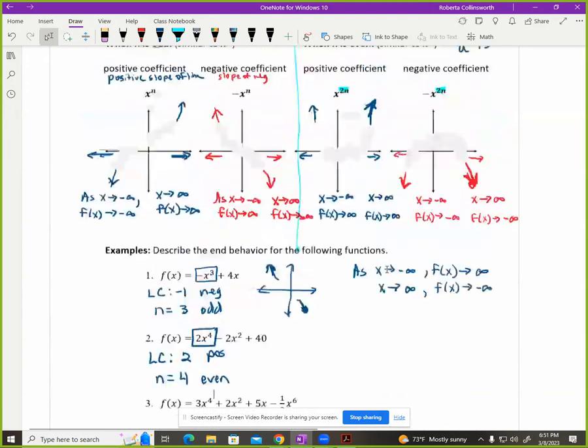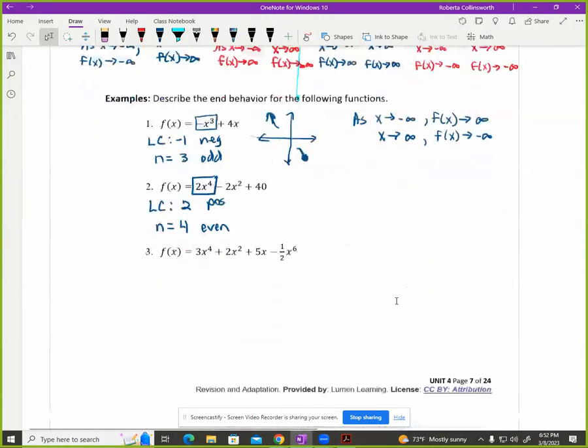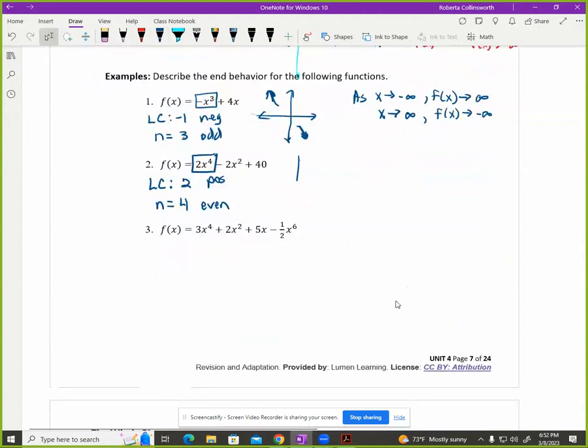So let's look at our positive, even. So here's even, here's positive. It looks like a quadratic on the end results. So it's going to look like this. There's going to be some stuff going on right here, but I don't care about that right now. I'm just going to care about the end result.